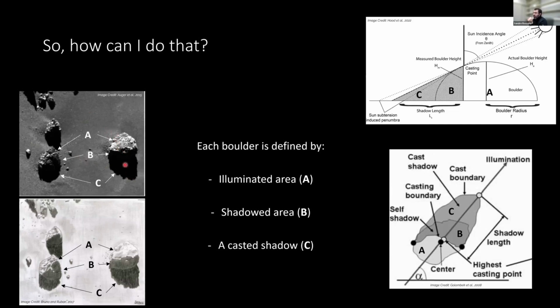A shadowed area, so the area that corresponds to the boulder but is not lightened, and a cast shadow. This shadow here does not belong to the boulder, but it is dropped upon the surface of the Moon. So here is a couple of graphs that illustrate how this works.